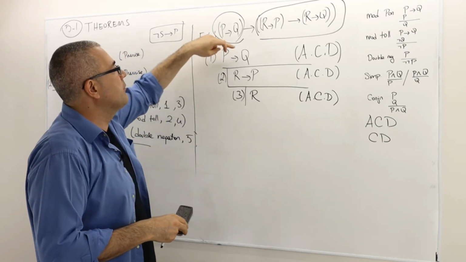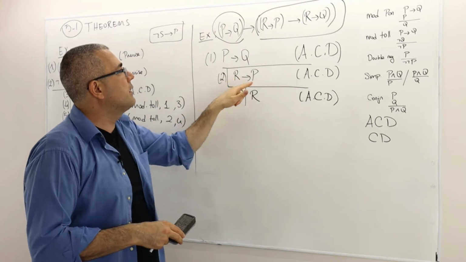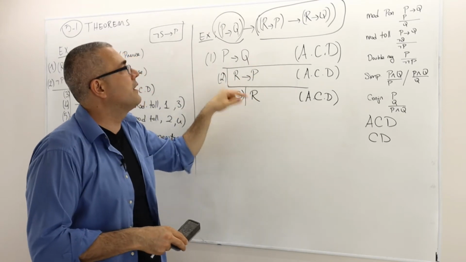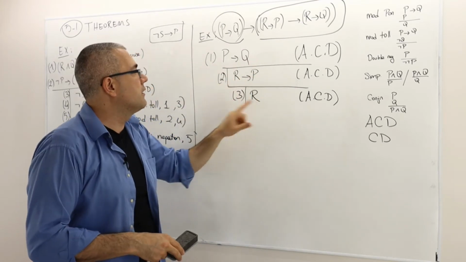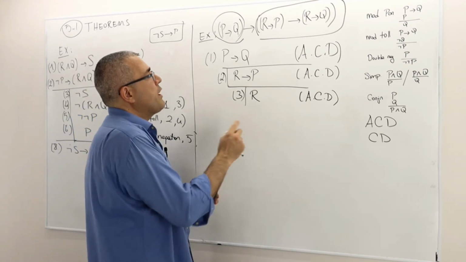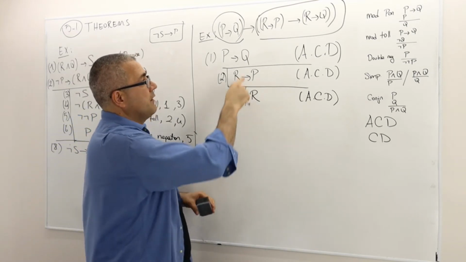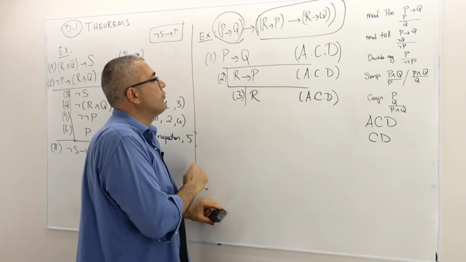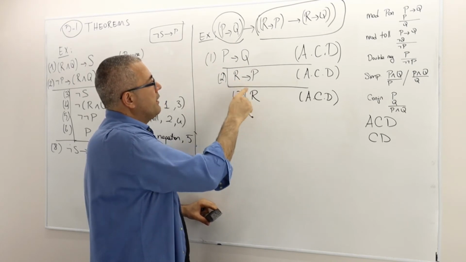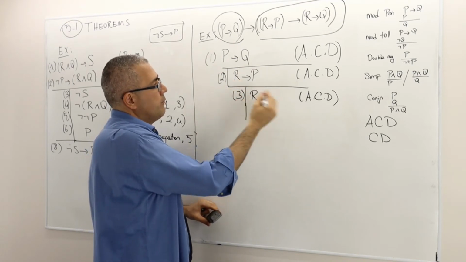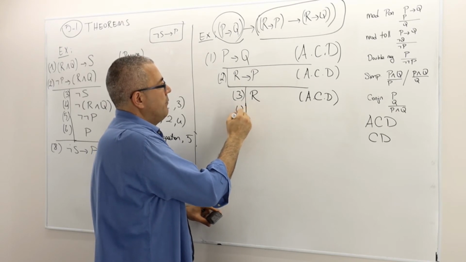P implies Q is the first assumption, R implies P is the second assumption, and then R is the third assumption. So what do I know if R is true, given that the other two are assumed to be true? If R is true, by using 2 and 3 and modus ponens, I must have P.